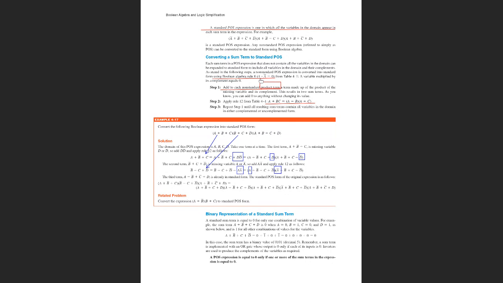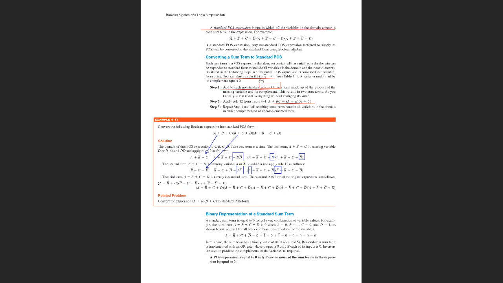Because it is 0, we can add such an expression to any sum without changing its arithmetical value.